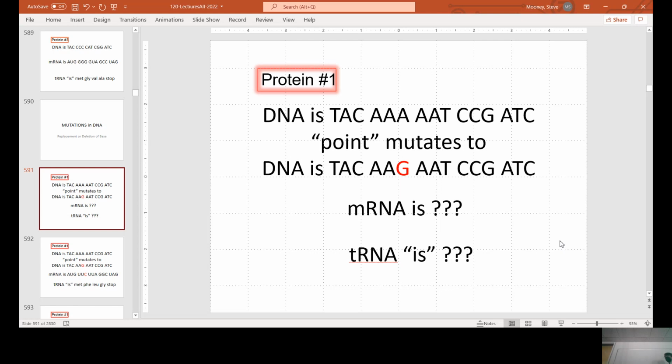Something happens in the replication of DNA where we make a mistake. We hope that doesn't happen too often, but we replaced an adenine with a guanine. What does that do?